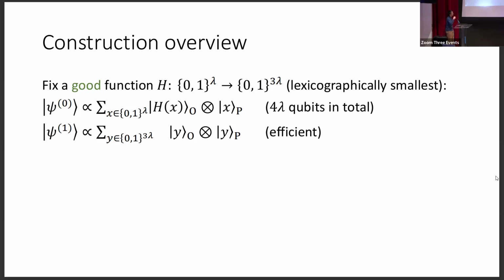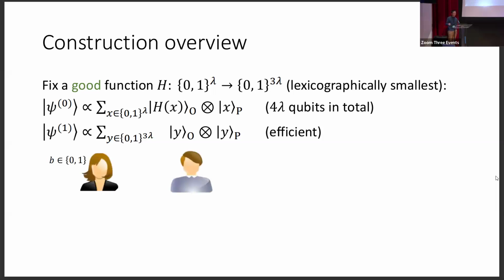And the commitment to 1 is just a uniform superposition of basically any 3 lambda bit string, and that's the same thing for both the commitment state and the decommitment state. And this does not actually depend on H. So you can actually just prepare this state efficiently. But let's say we also prepare some copies in the pre-processing phase.